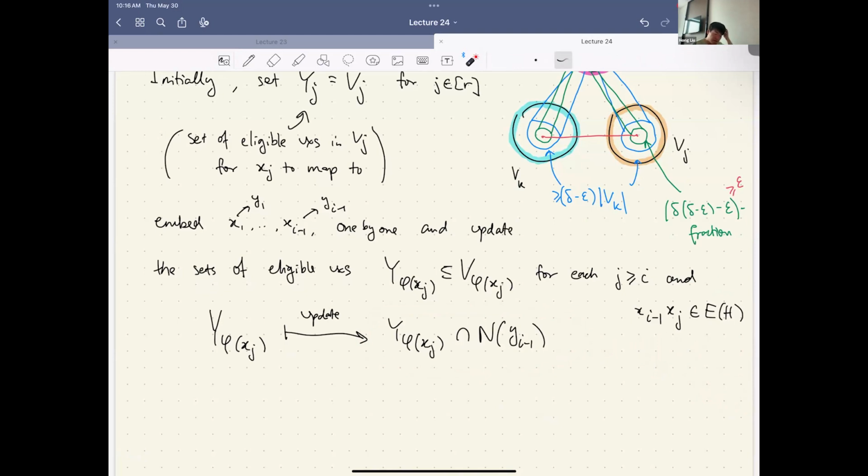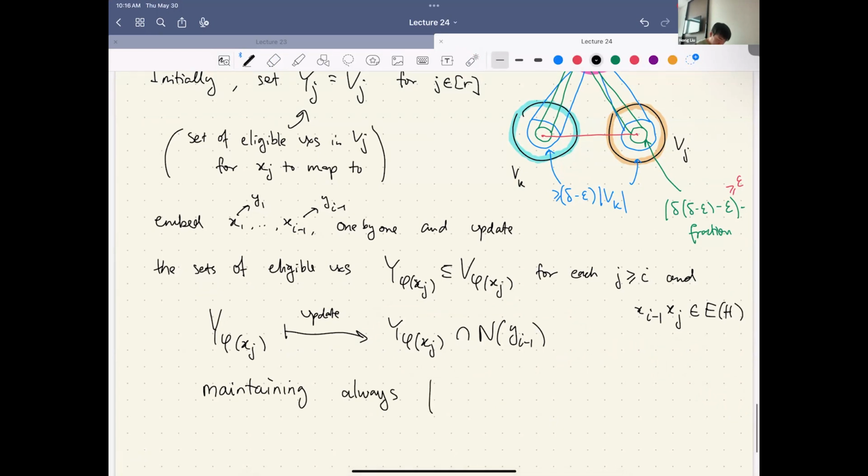Maintaining always that this eligible set is at least epsilon fraction.